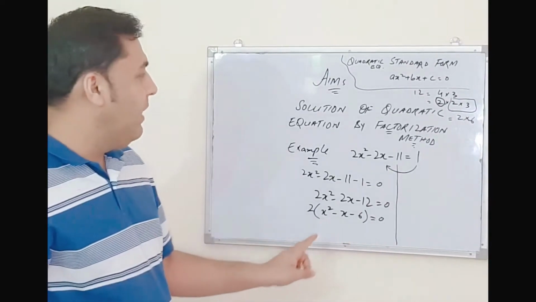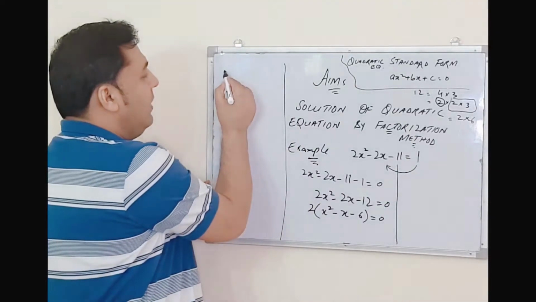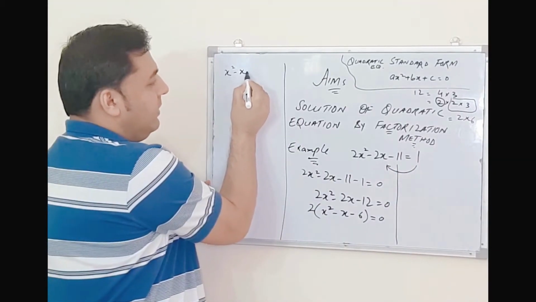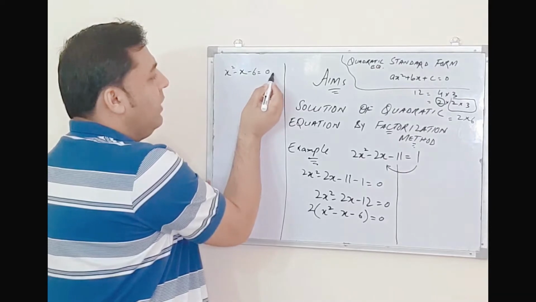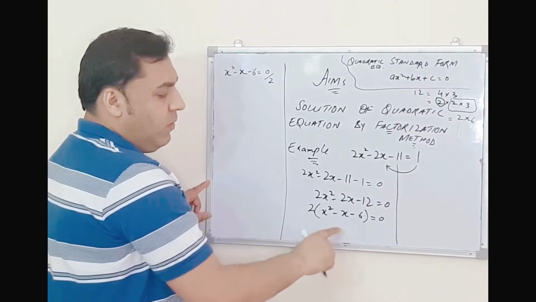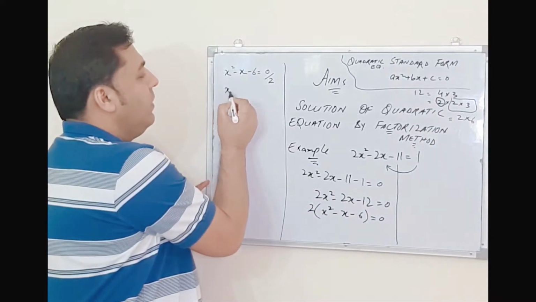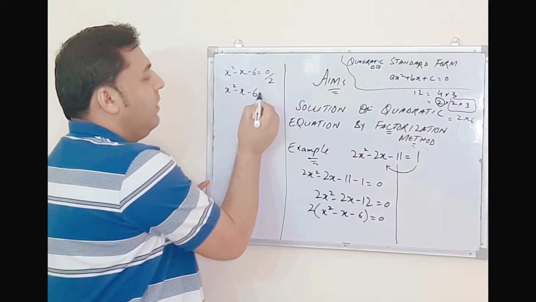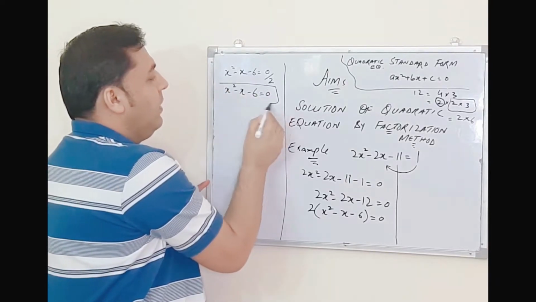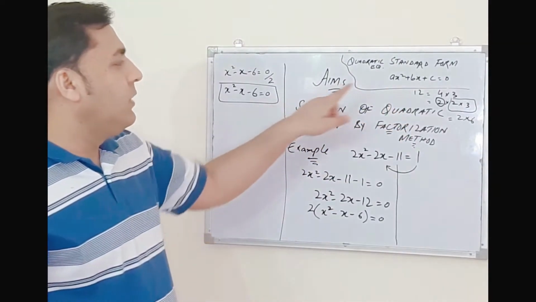On the other side, when I move it, it will be divided. x square minus x minus 6 equal to 0 divided by 2. This 2 goes to the other side and is divided. 0 divided by anything is 0.